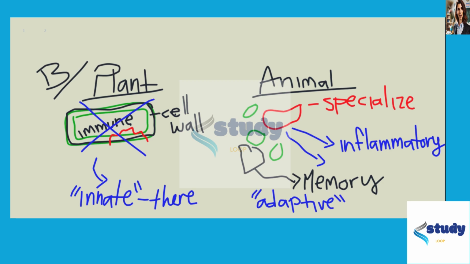Okay, and only the animal cells have this adaptive immunity. We have both innate and adaptive, but having the ability to respond is specific to the more complex animal cells. All right, so that's the end.